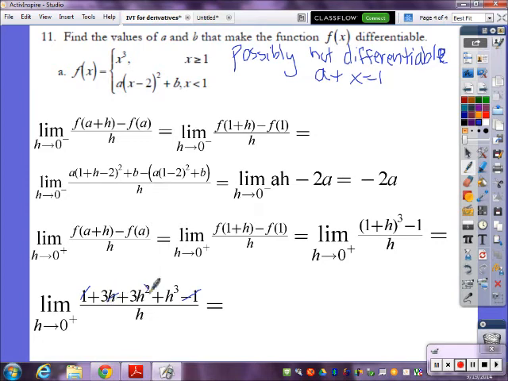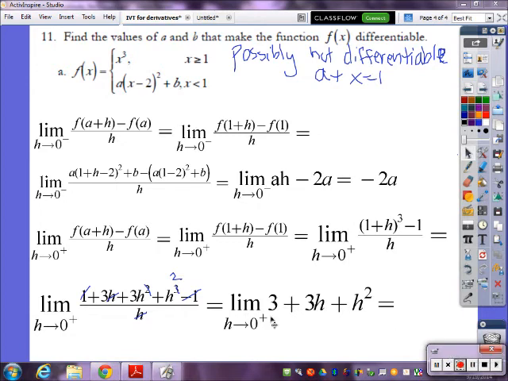H squared would become just h, and h cubed would become h squared. So when factored, I would be left with 3 plus 3h plus h squared, and the h's that you factored out from the numerator and the h from the denominator would cancel. So my limit would look like this. And then when I plug in 0 through direct substitution, I just end up with 3.